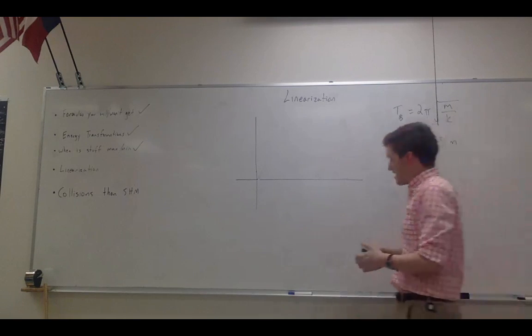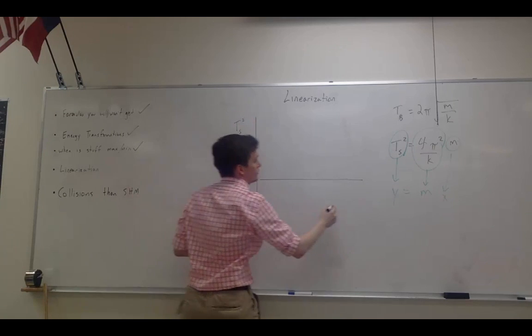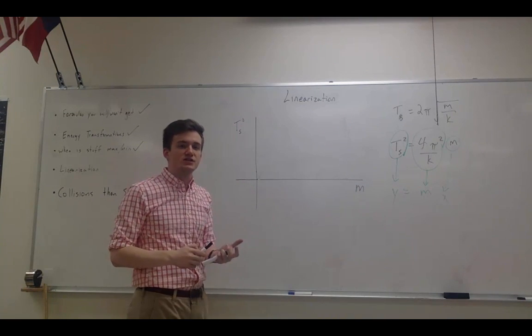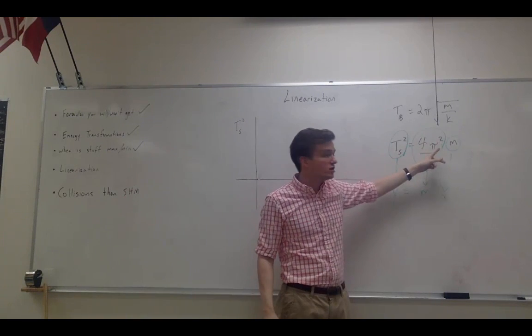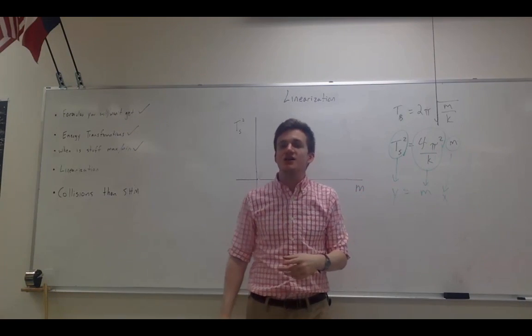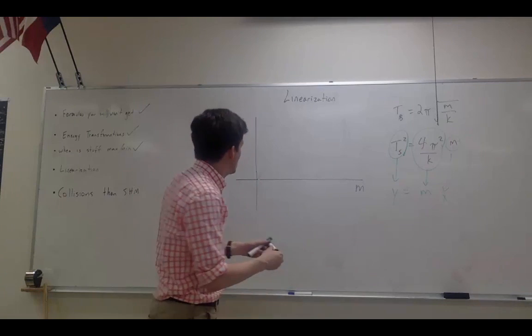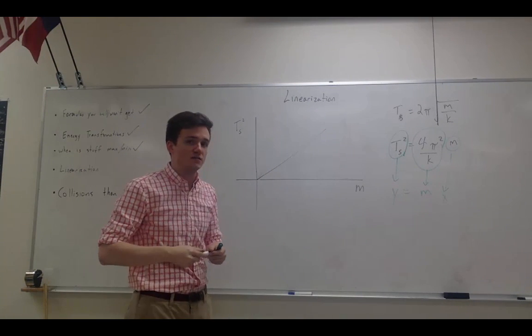So if we graph period squared versus the mass, we're going to get some nice linear data. The way I know it's going to be linear is that the slope's not going to change. 4 is not going to change, pi is not going to change, k is not going to change. Since all of those things are numbers, not variables, our slope is not going to change. It's going to be some constant value the whole way through.